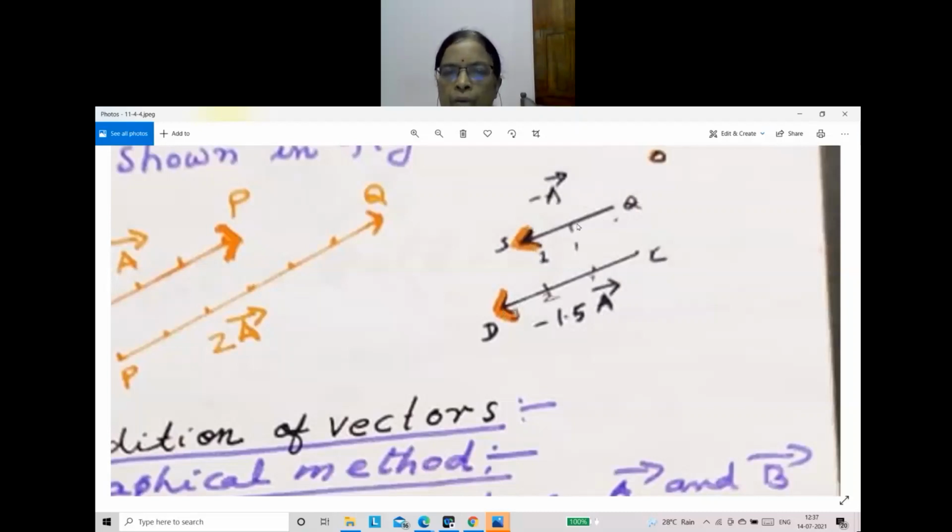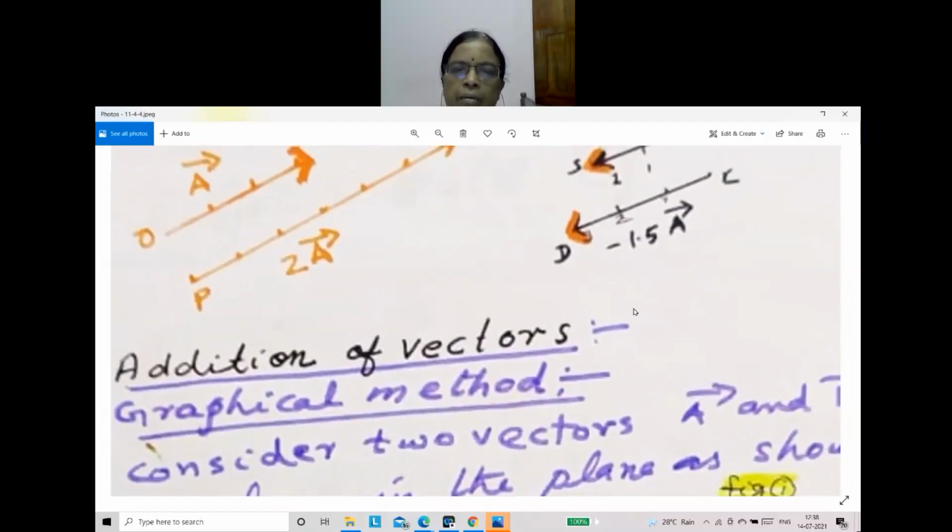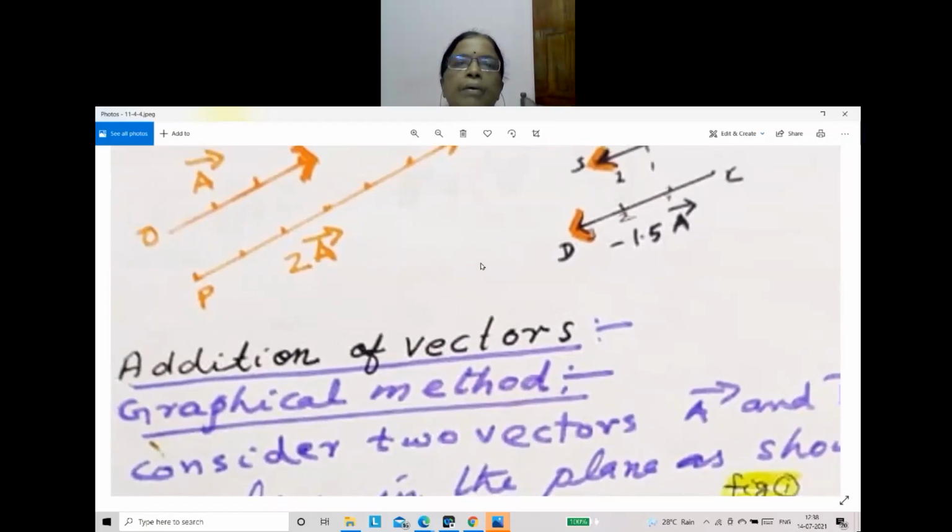But this is minus vector A, and the multiplication by 1.5 is done. So the length becomes 3 centimeter, and the direction is the negative vector A's direction. Negative 1.5A. So this is what is meant by a negative vector, the negative of a vector.